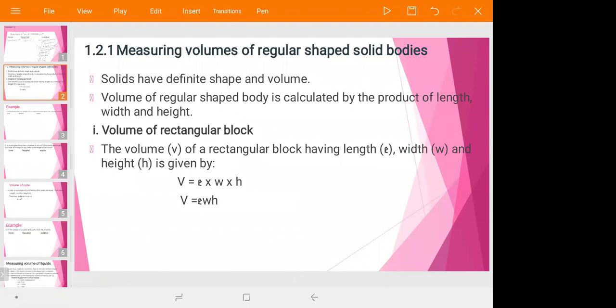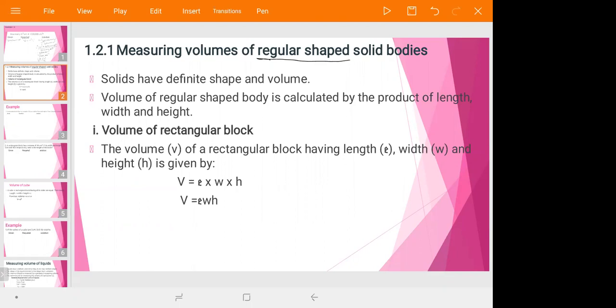The other one, as I said first, is measuring volumes of regular shaped bodies, not irregular shaped bodies. There are different solid bodies, and we can divide them, depending on their shape, into regular and irregular shaped bodies. In today's discussion, we will see the volume of regular shaped bodies like a cubic block, rectangular block, and so on. Solids have definite shape and volume.